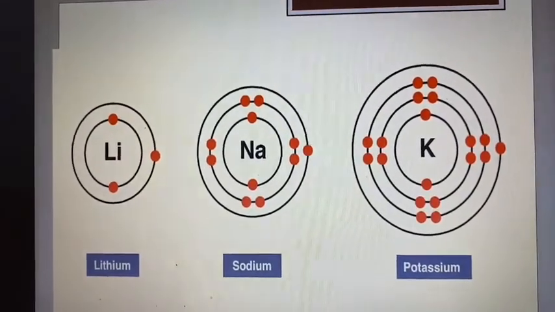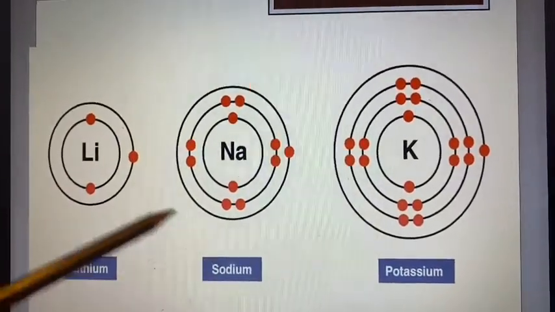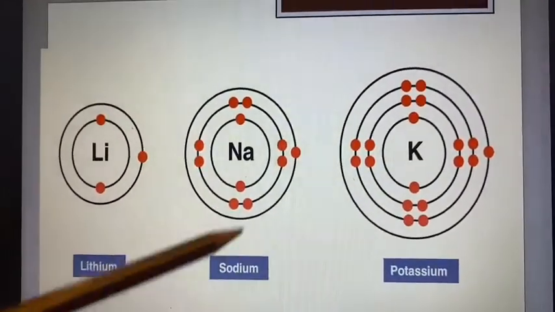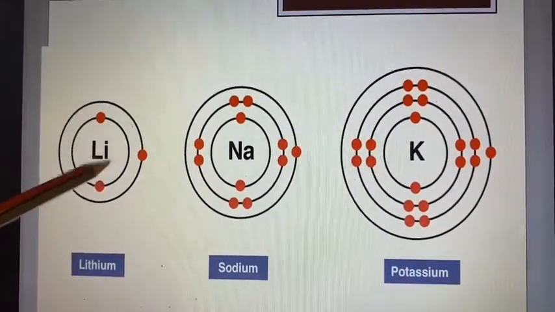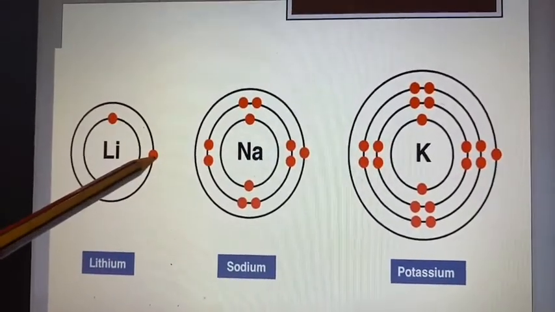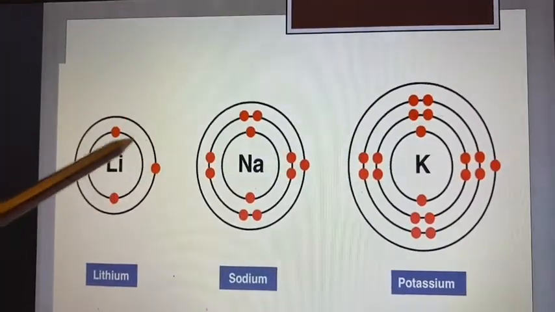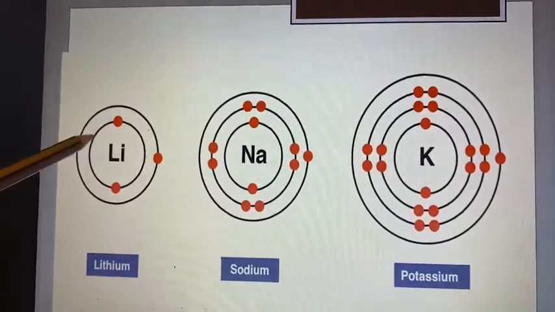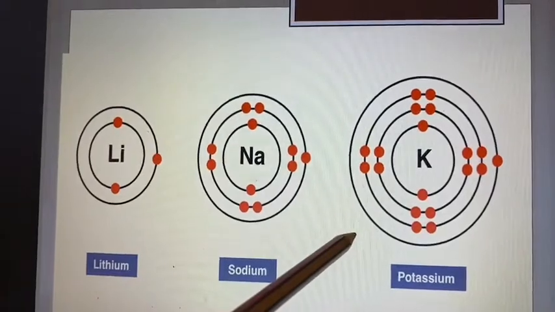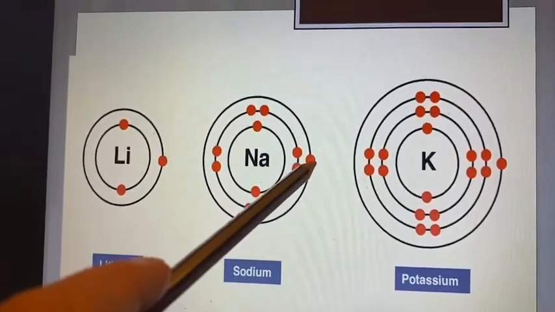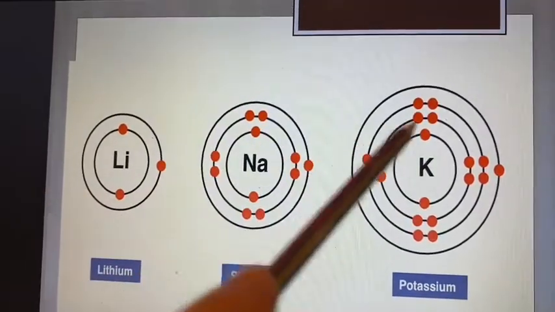Any atom that loses an electron becomes positive. Any atom that gains an electron becomes negative. So here, it loses an electron and it is positive. So the valency for lithium is +1. Sodium loses 1 electron, and because it loses, it is positive, so the valency here is also +1.